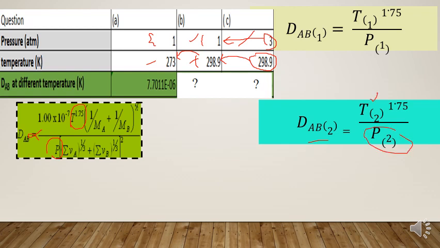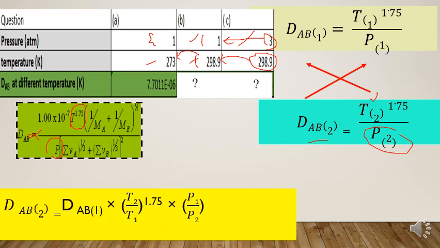For A and B, the pressure is the same, which is 1 atm. So let's solve question B first. After rearranging this equation, we can get this term, where DAB2 can be determined by using this equation.